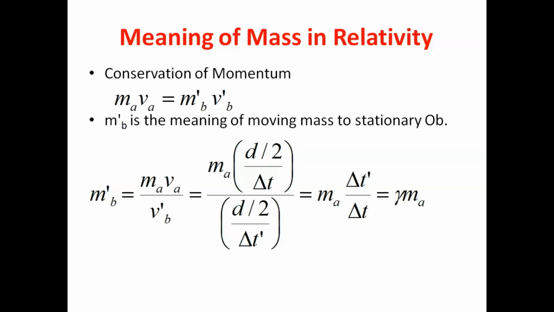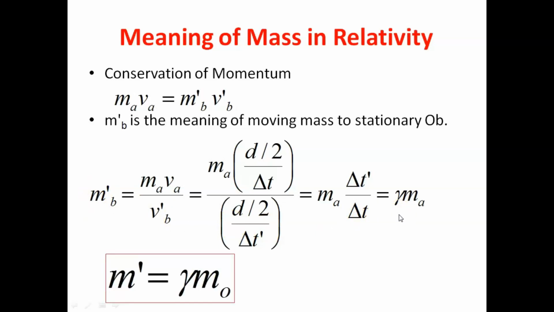So here the distance along the z axis has nothing to do with the relative motion along the x-axis. So in one case it will be d by 2 divided by delta t, and in the second case it will be d by 2 divided by delta t dash. Now after simplifying this, it will be ma times delta t dash upon delta t. So mb dash is equal to gamma times ma.